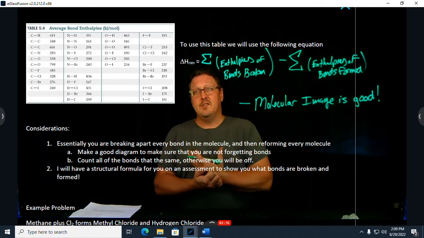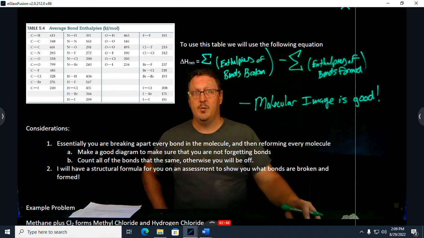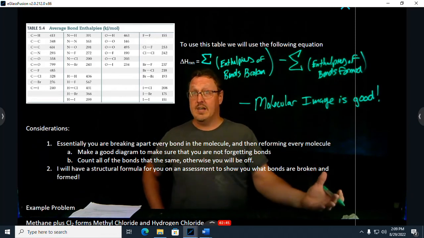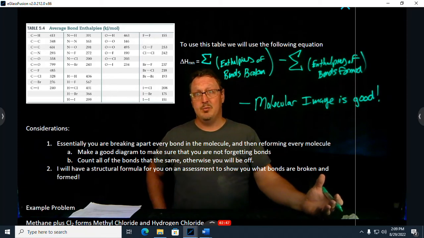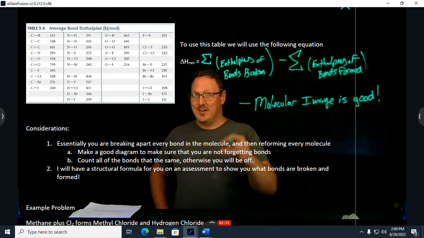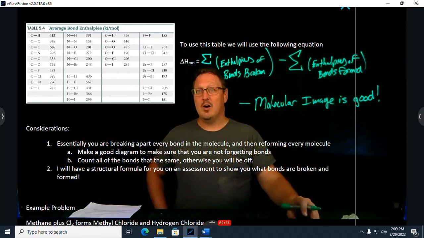Some other considerations: essentially you're breaking apart every bond in the molecule and then you're reforming every bond. So make a good diagram to make sure that you're not forgetting anything. Lots of people go off because they're forgetting bonds. If you're doing it this way, you can't forget bonds. You got to make sure that you're counting everything, okay? Count all the bonds that are the same, otherwise you will be off.